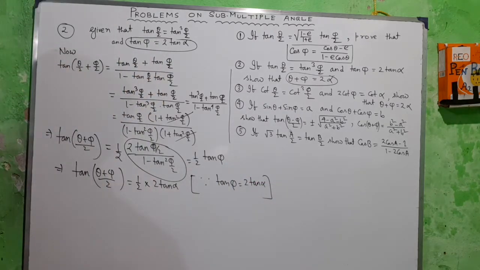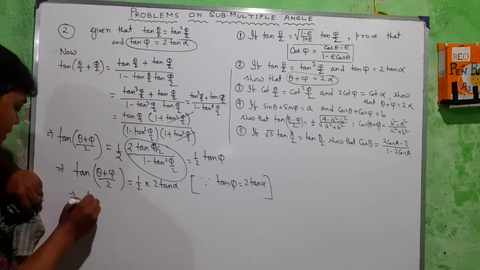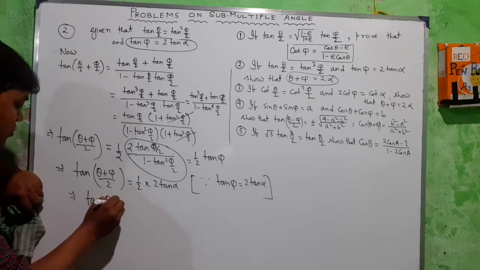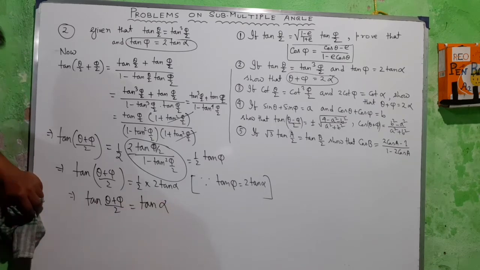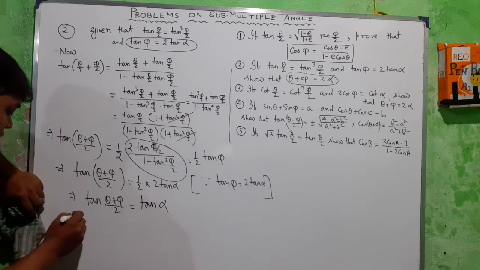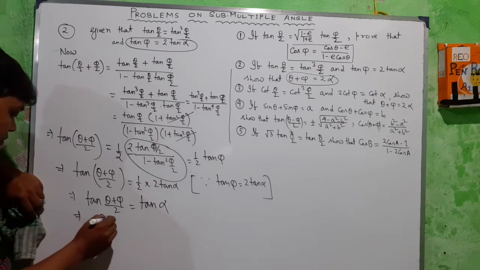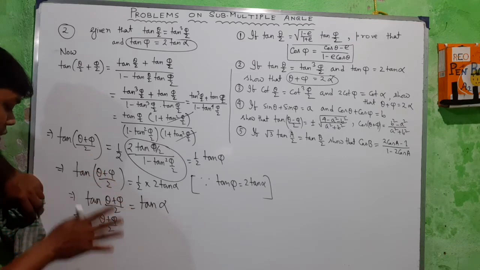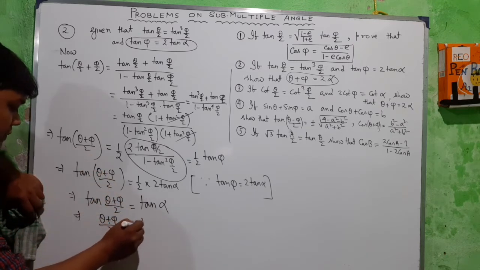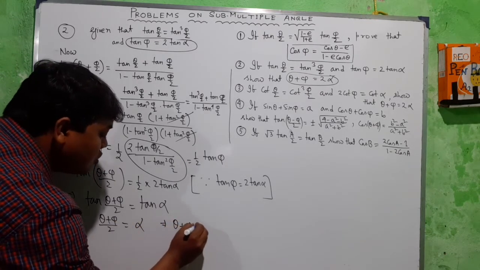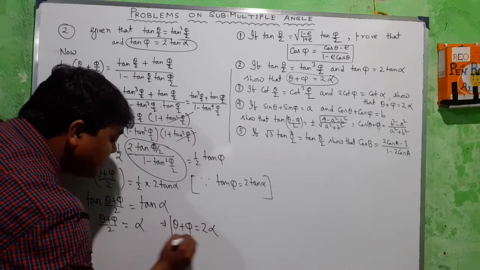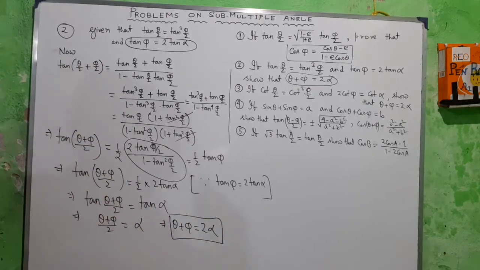Okay, 2 cancels, so tan of theta plus phi by 2 equals tan alpha, and that is for positivity. Theta, phi, alpha all lie between 0 and 90 degrees, so they are all acute angles, so that gives alpha. So theta plus phi equals 2 alpha. This is our required result, and the result is proved now.